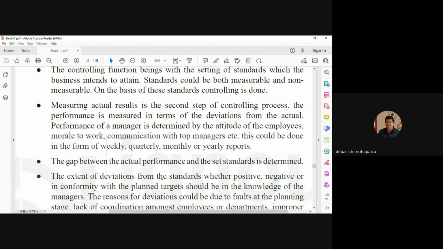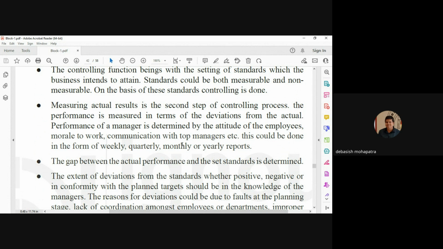Performance of a manager is determined by the attitude of the employee, morale to work, communication with top managers, etc. Then measuring actual result is the second step of the controlling process.